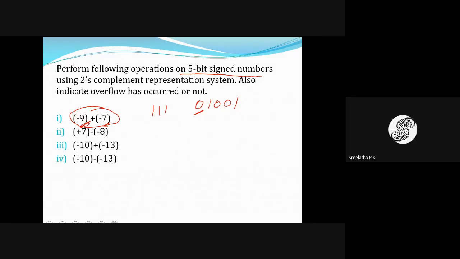You can take one more bit also. However, here this many bits must be taken, compulsorily 5 bits including the sign bit. Now this is +9, it has to be converted to -9 for doing this operation.